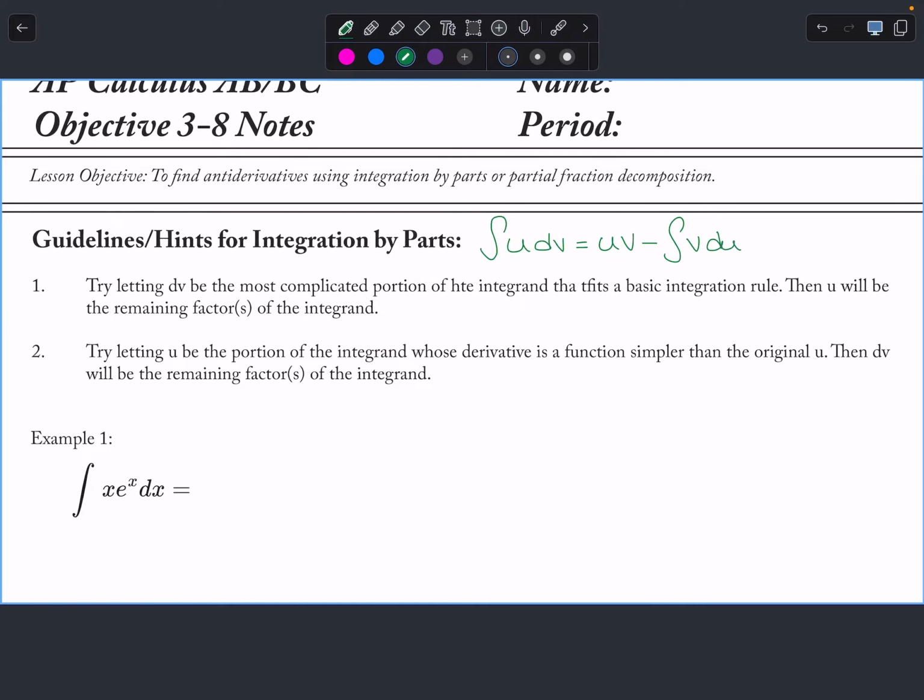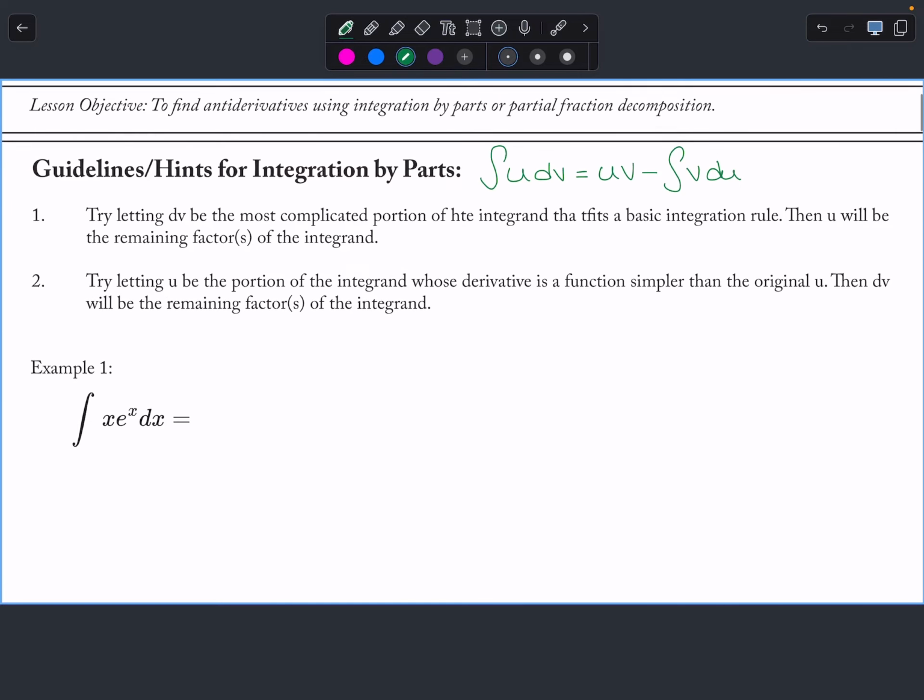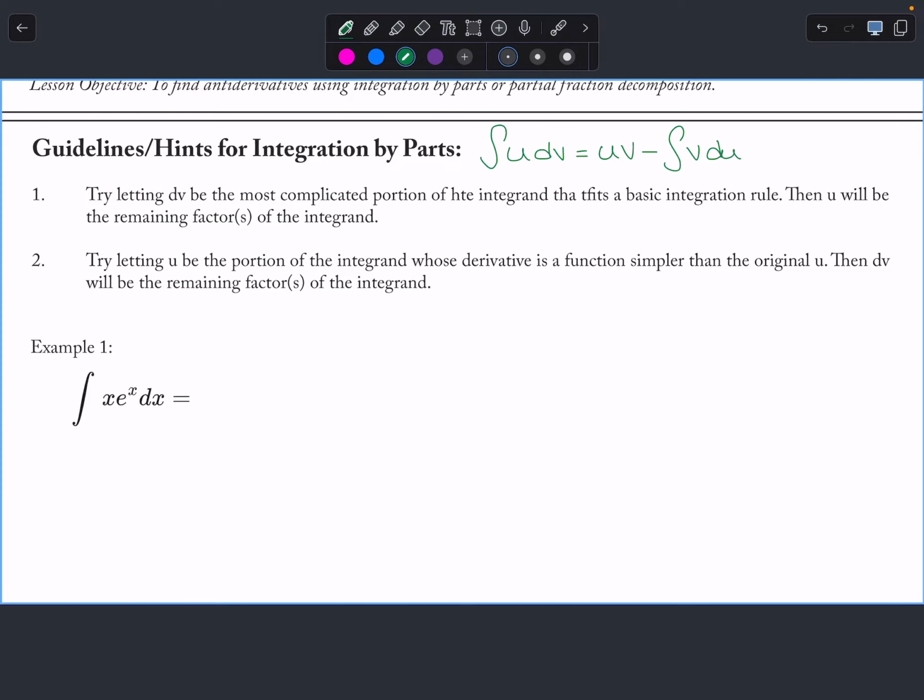The shortcut does not work with LAN. LAN's just odd. So in every situation where I look at the product and I can't do a u-substitution, then more than likely it is an integration by parts.